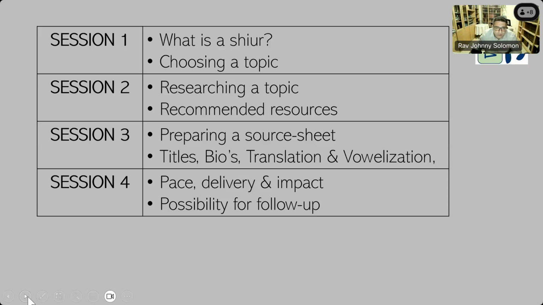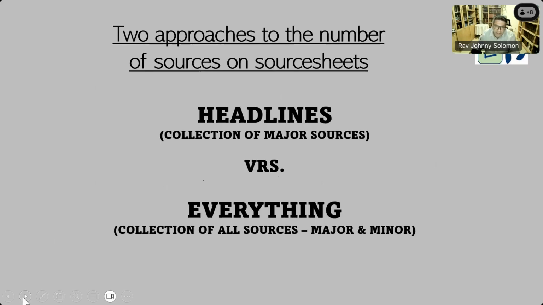So let's talk a little bit now about what might be on a source sheet. And by the way, this also applies to other formats of presenting sources to accompany a shiur. There really are two approaches to the number of sources on a source sheet. We can always say don't do too many. That's not a helpful phrase, although there is truth in the idea of don't do too many.